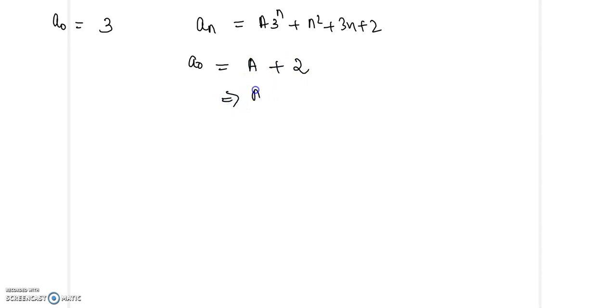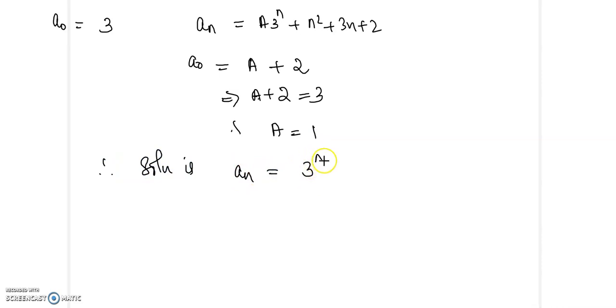So a plus 2 is equal to 3, therefore a is equal to 1. So the solution is a_n equal to 3 raised to n plus n squared plus 3n plus 2, and that is the required solution.